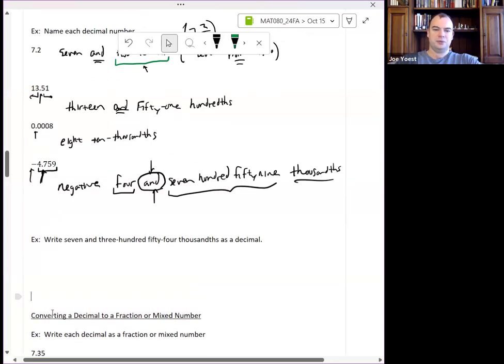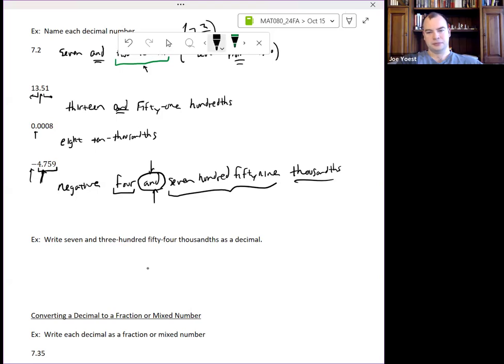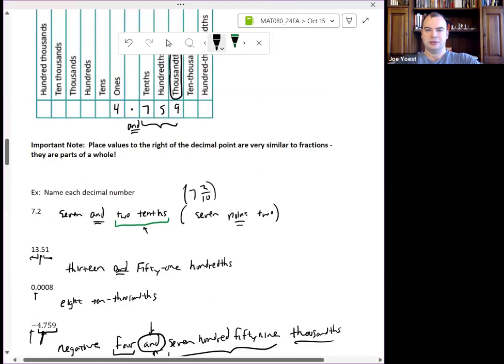I could go the other direction as well. I could write as a number, the decimal number, 7 and 354 thousandths. So I have 7 and decimal point 354 thousandths.